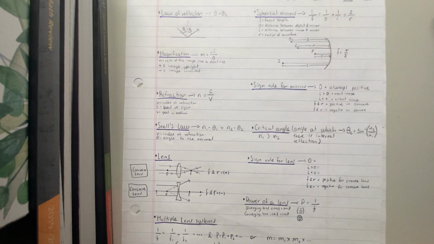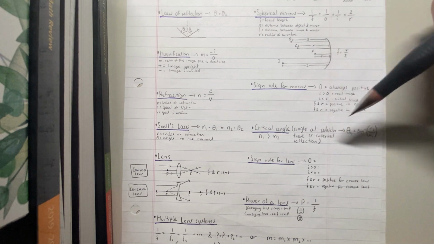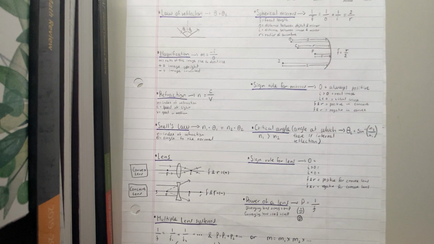It's going to go away from the normal, and going away from the normal, at some point it's going to be basically 90 degrees, which means that if alpha 2, or the angle 2, gets above 90 degrees, then it's going to basically reflect and come back in the same medium as it came from.